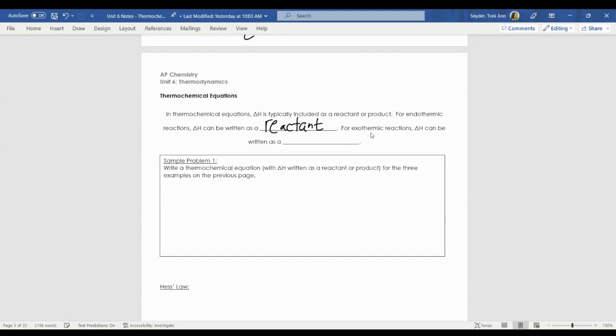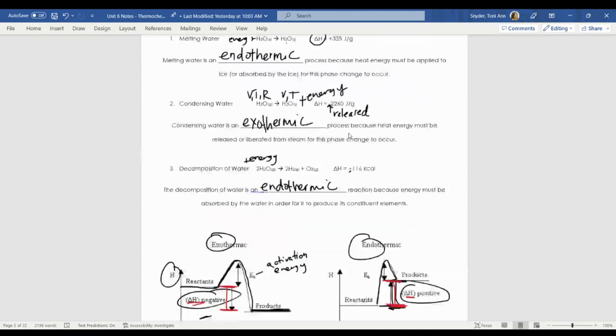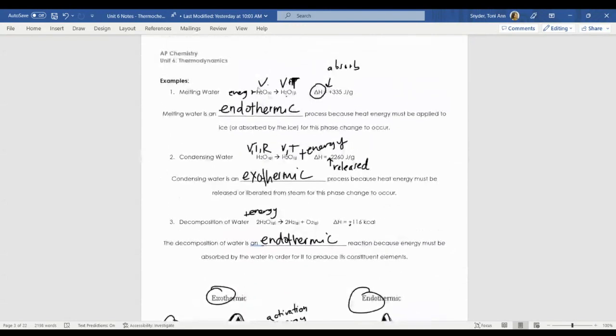And for exothermic reactions, delta H is written as a product. So we're going to write the thermochemical equation for the 3 examples on the previous page, just by adding delta H in to where energy is located.